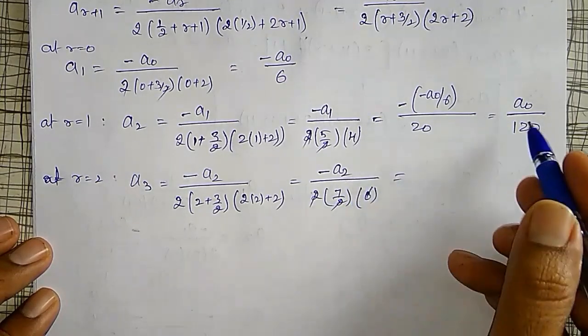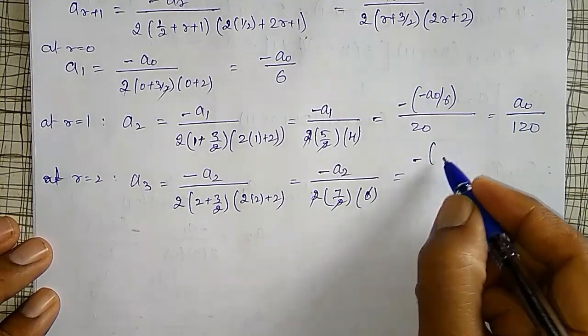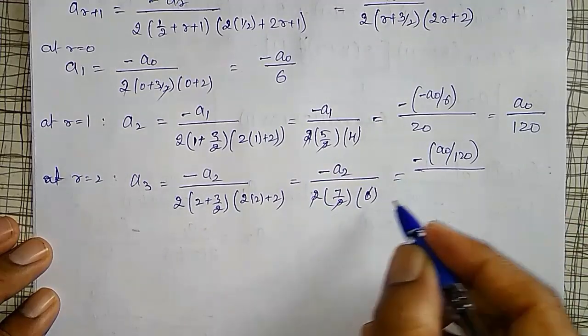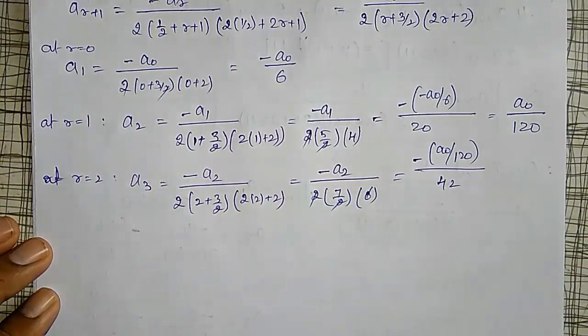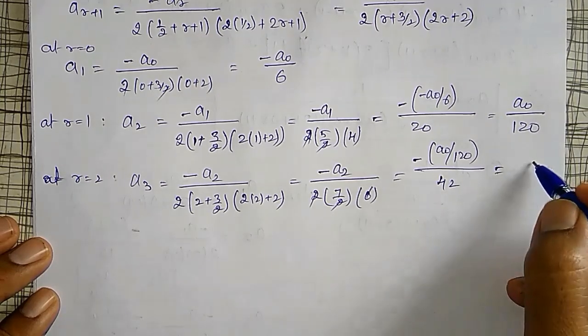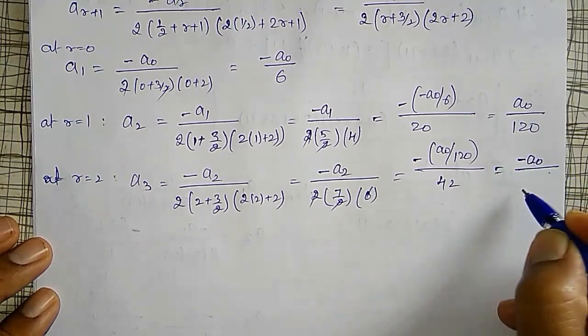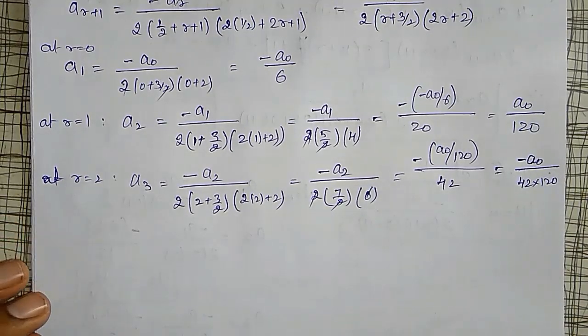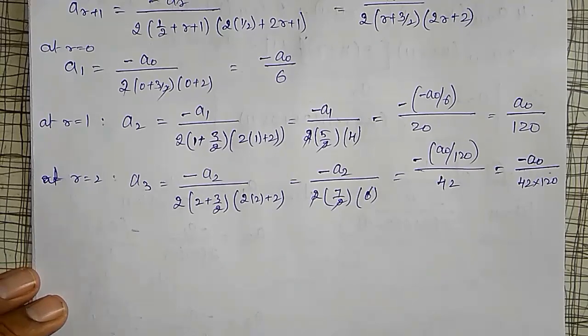But a2 is already calculated, that is minus of a naught divided by 120 whole divided by 42, which is equal to minus a naught divided by 42 into 120. Like that, different coefficients I can find out. Use these coefficients to find the solution.